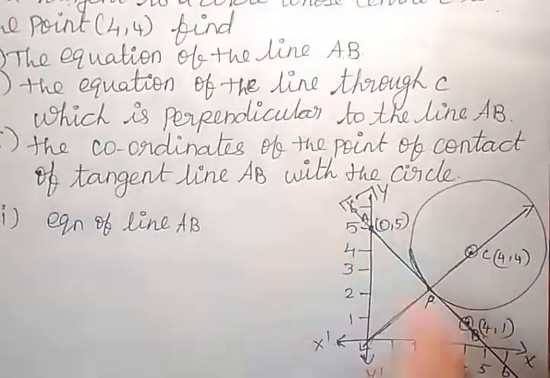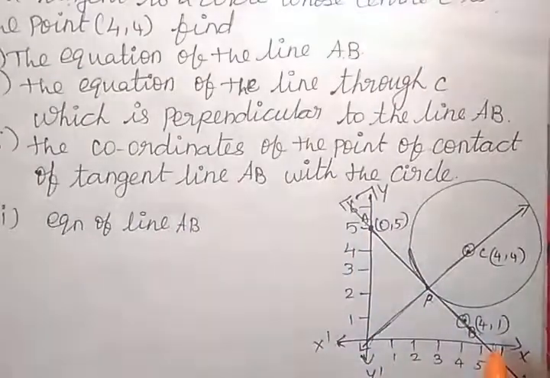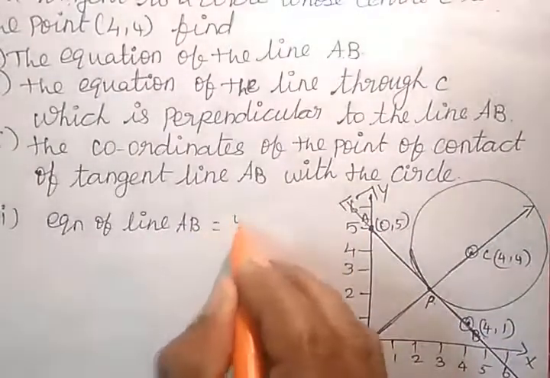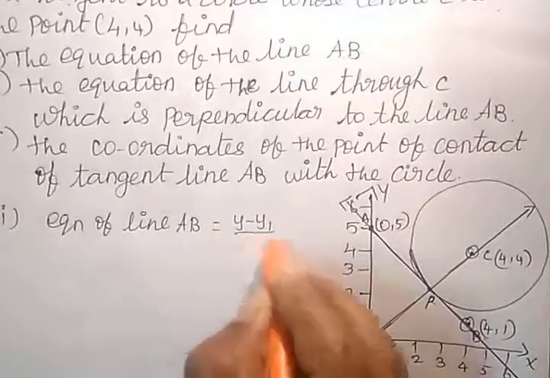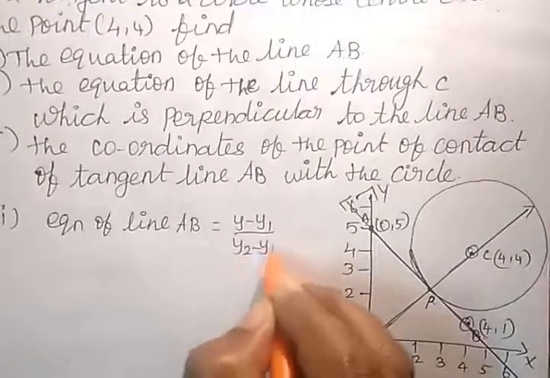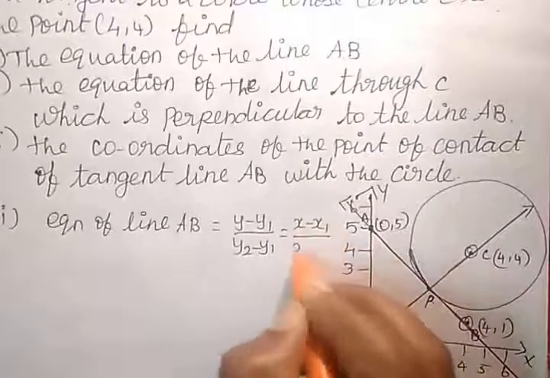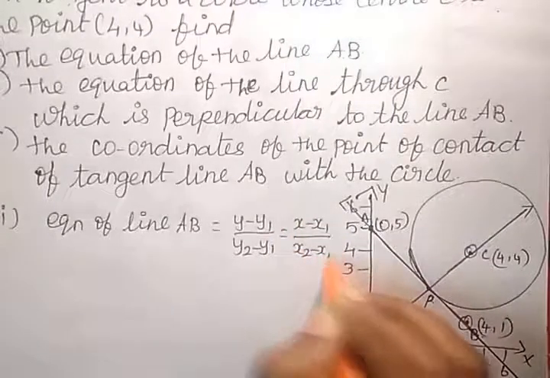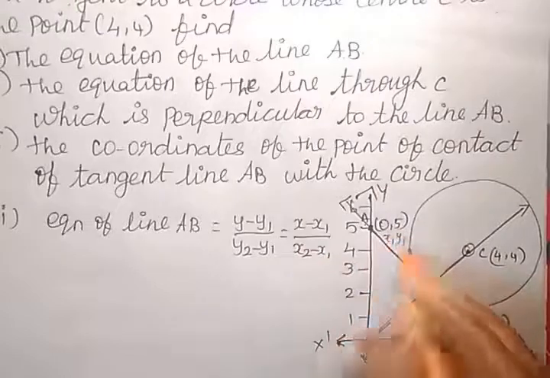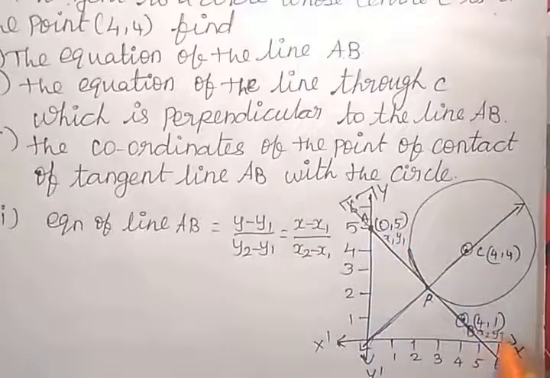If two points are given, the equation of the line is by the two-point formula, that is (y minus y1) by (y2 minus y1) is equal to (x minus x1) by (x2 minus x1). Here these are x1, y1 and x2, y2.